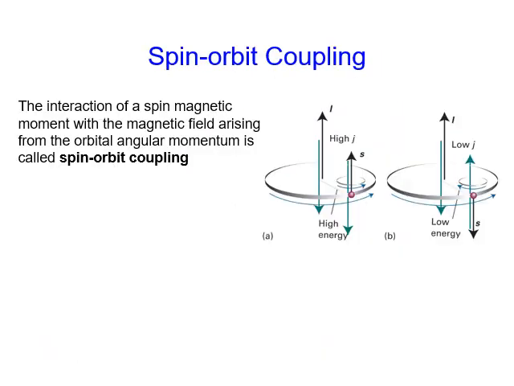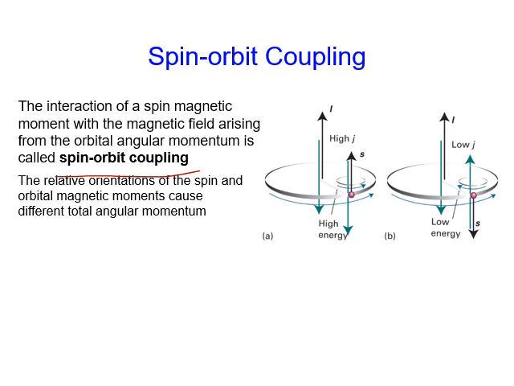When an electron spins, it generates a magnetic field like a small magnet. So does the orbital angular momentum. The interaction of a spin magnetic moment with the magnetic field arising from the orbital angular momentum is called the spin-orbit coupling.